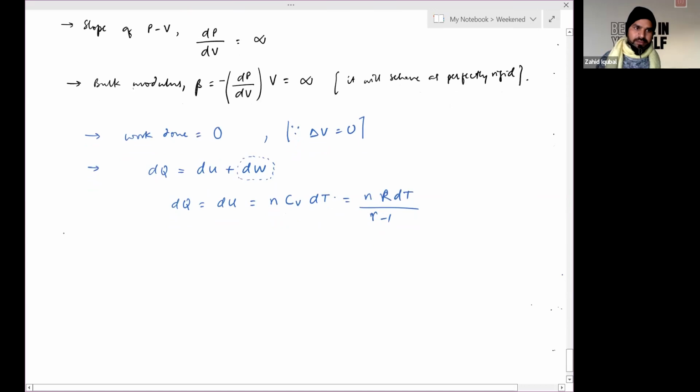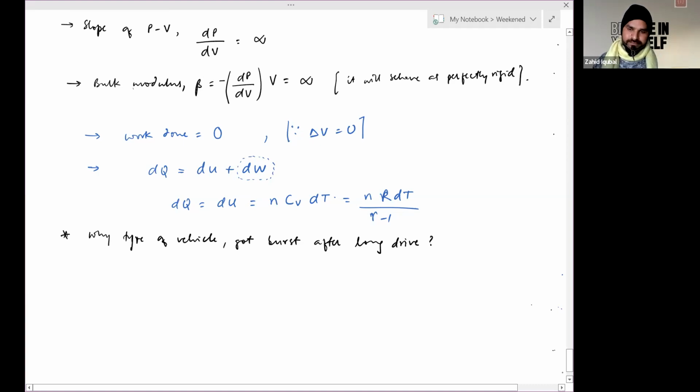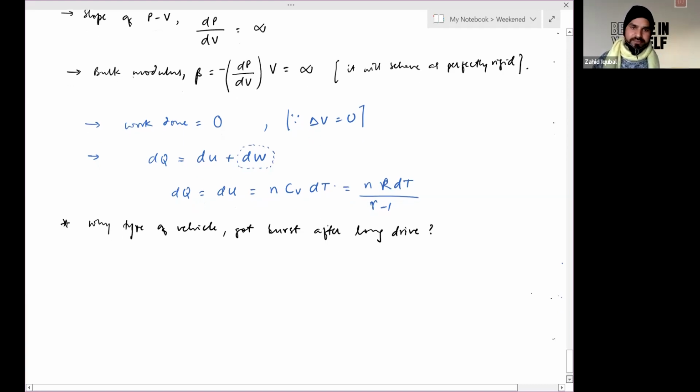Now there will be an exceptional theoretical question related to this concept. Why does the tire of a vehicle burst after a long drive or in a long drive?